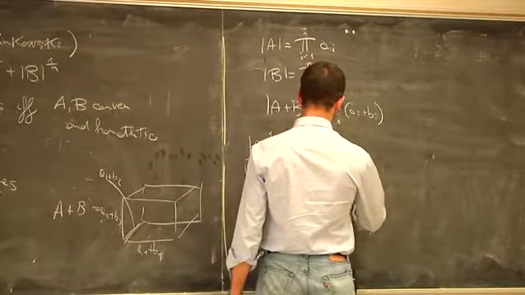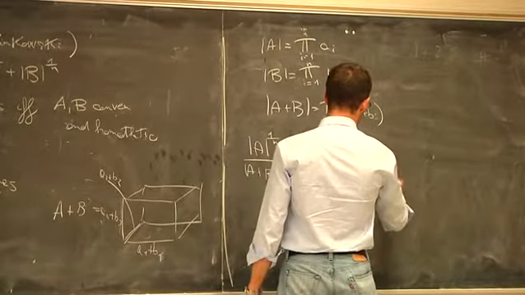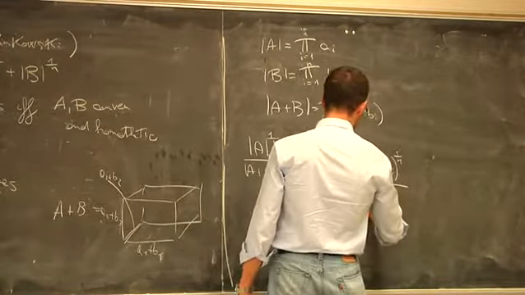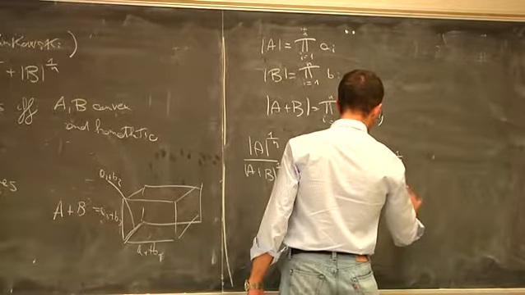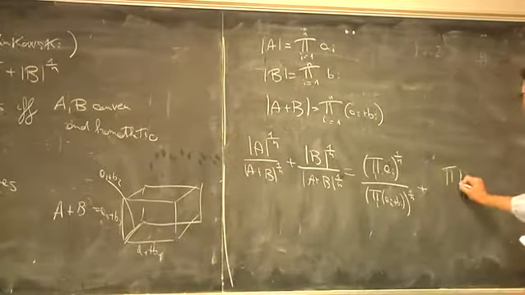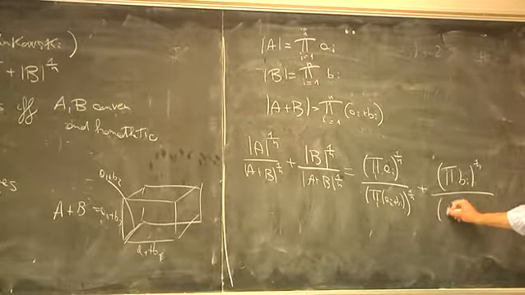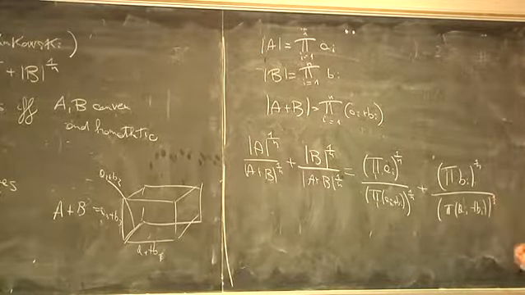So let's write down. This is the product over i of the a_i to the 1 over n, divided by the product of a_i plus b_i to the 1 over n, plus the same with the b_i.